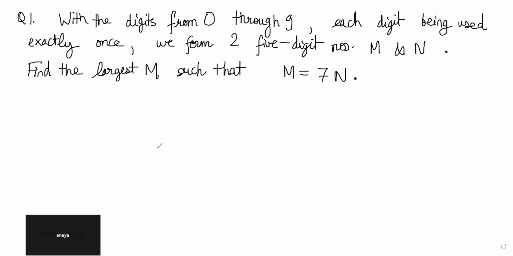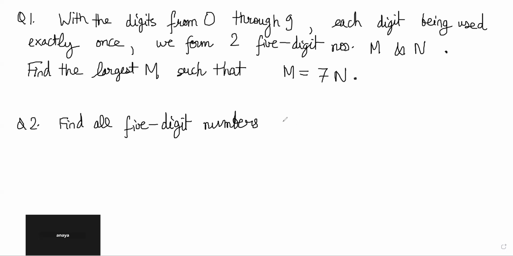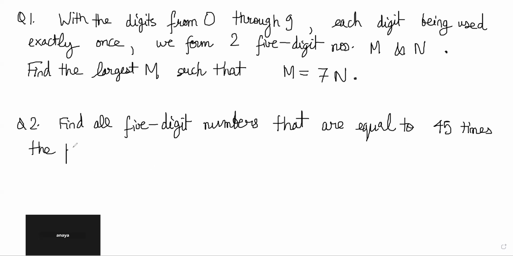Then the next question is: find all 5-digit numbers that are equal to 45 times the product of their digits.